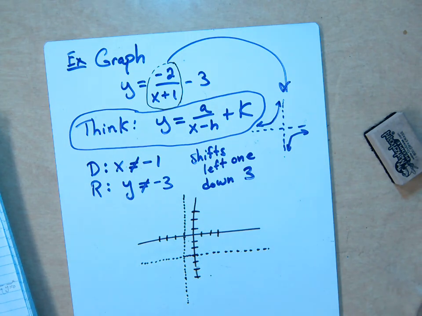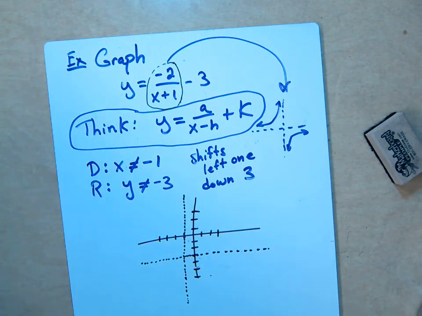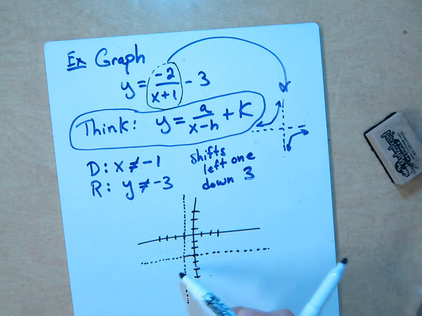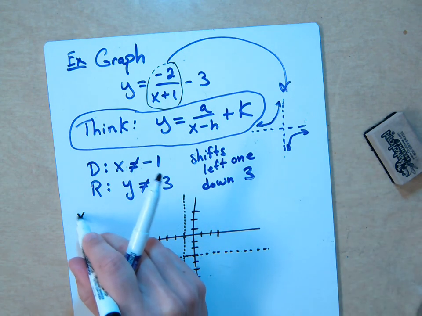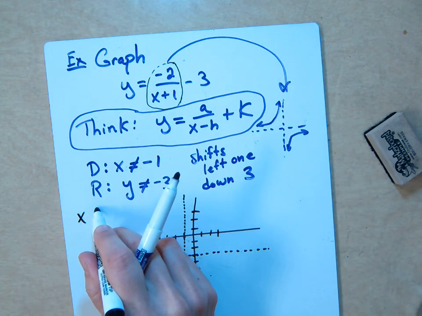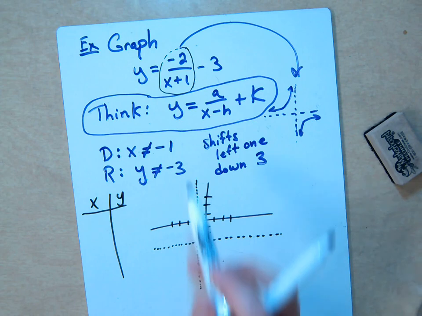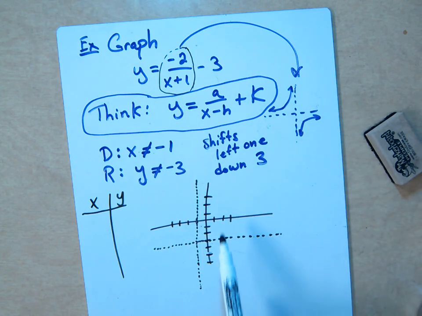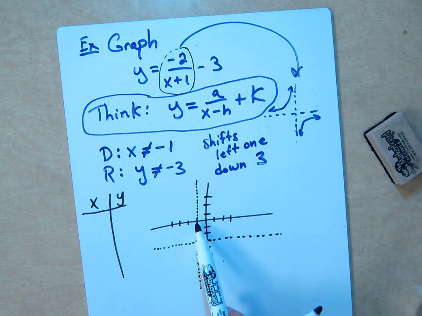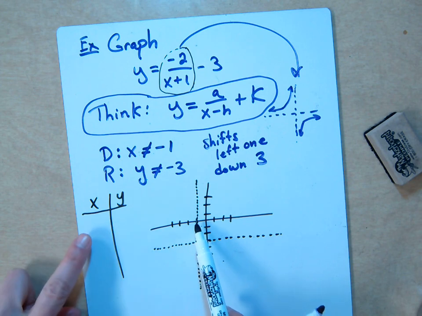So we're just going to carefully pick the points that fit around this. For our XY table, we'll just do 2 on either side. We want to pick the right values for x and simply plug them in. So watch this. x can't be -1, right? So we're not even going to put that in our table.